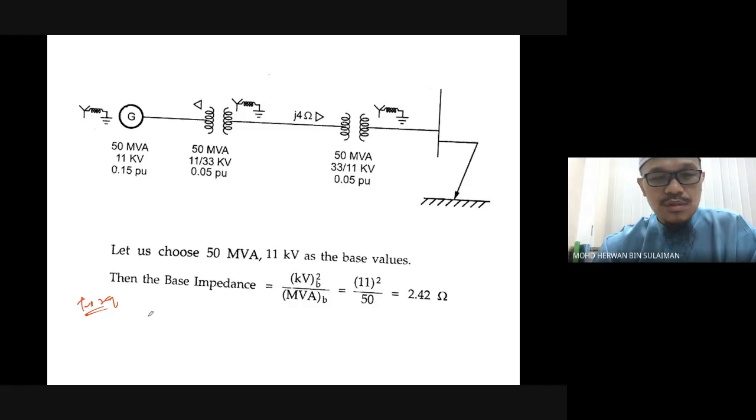Generator, short to ground, J0.15, and then you have transformer J0.05, and then you have the transmission line. So 4 ohms divided by what was it earlier?